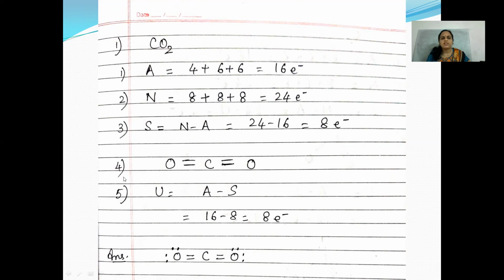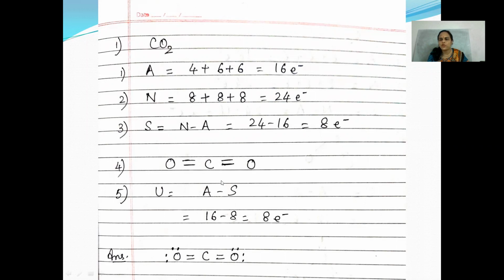Fourth, we draw the structure of carbon dioxide, and we write it in this way. C in the middle, oxygen on both sides, left as well as right. If you put a single bond on both sides, one bond represents 2 electrons.